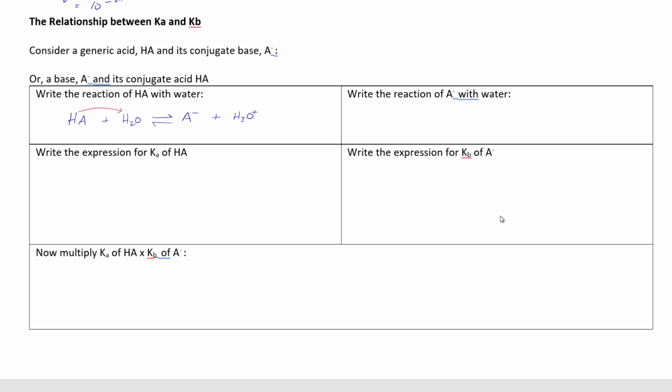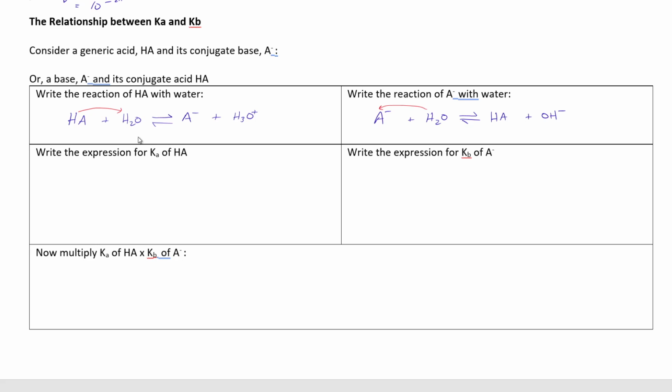If we looked at the A minus, its conjugate base, and its reaction with water, it would be the opposite. It would absorb an H, and we would have HA plus OH minus.